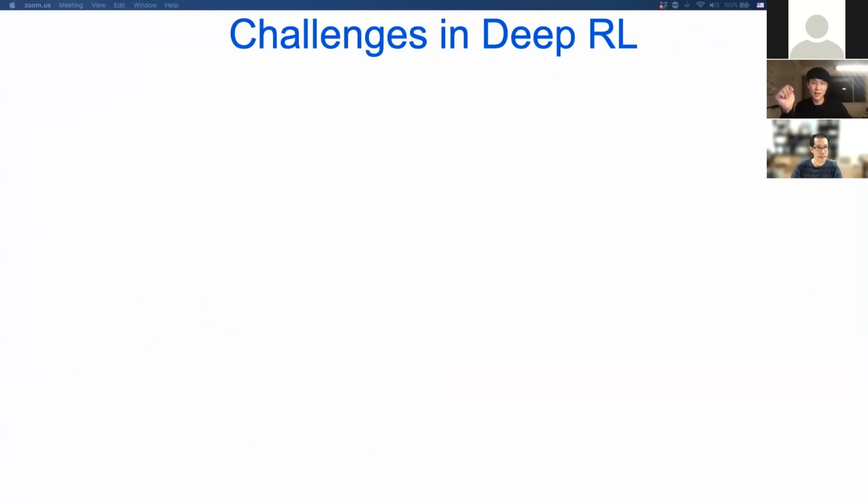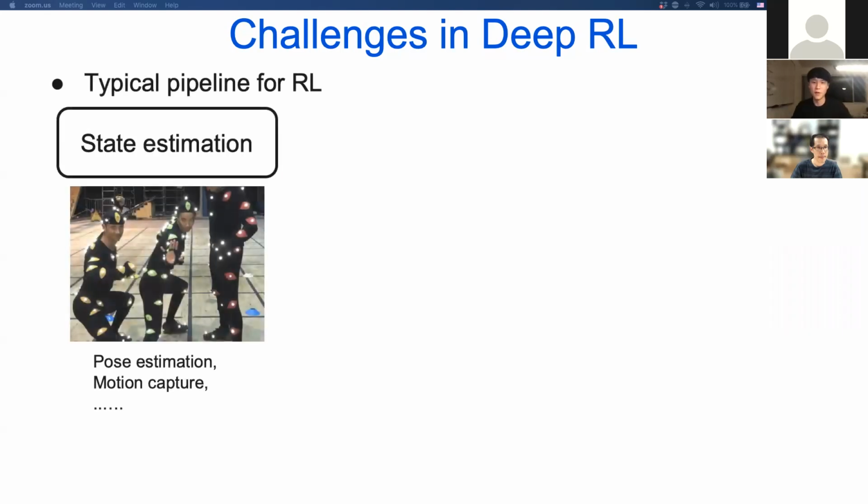However, at the same time, there are several problems in deep reinforcement learning. In order to understand in more detail, let me talk about the typical pipeline for reinforcement learning. First, under the assumption that the action is well defined, we need to set up a state estimation system to understand where the most important entities in the world are, using some sensors or vision systems like pose estimation, motion capture, and so forth.